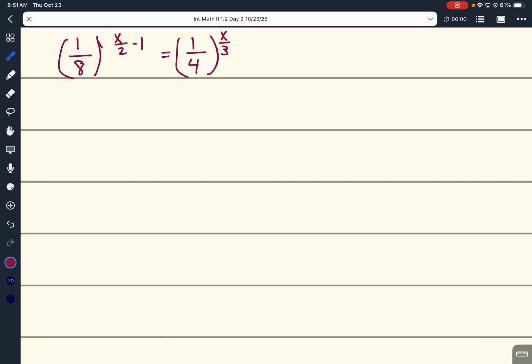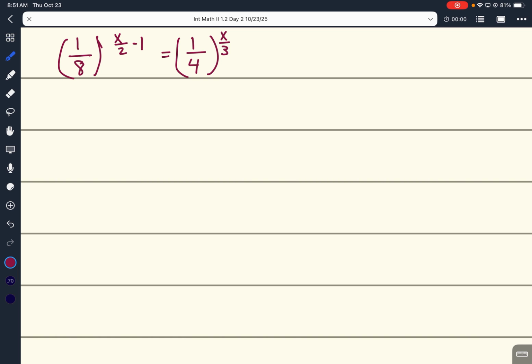What's smaller? 2. Because 4 is 2 what? What power of 2, right? 2 squared. And 8 is 2 to the what? The third. Correct? Okay.